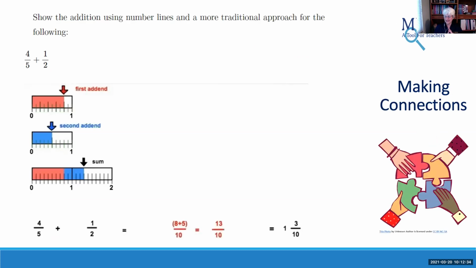And in the making connections, this is where we want students to look at the visual that they've had in the prior problems, being able to use the number line, and then tie that back to the algorithm that they've already learned. Hopefully now they can see the most common error is recognizing that you need a common denominator.